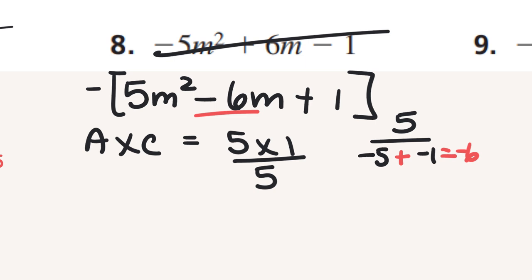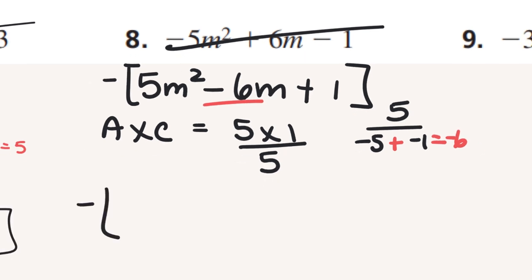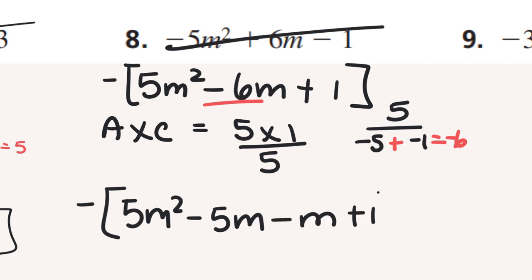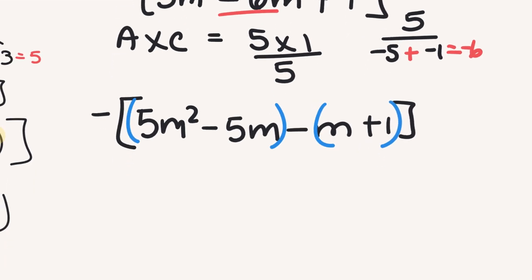So I'm going to rewrite my equation. I have negative bracket, which is going to be 5m squared minus 5m minus m plus 1. I'm going to separate them, which is right over here. I can use a smaller pencil if you guys want. It will be like this, correct? So let's see what we can factor out.